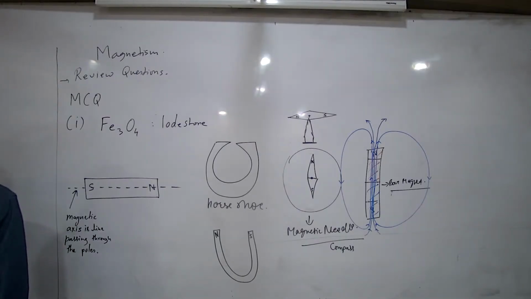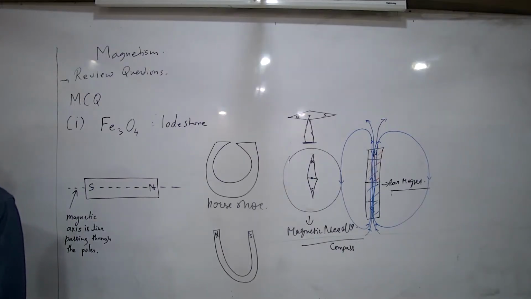It is the region around the magnet in which the magnetic compass points in the direction other than geographic north. In short, it is the region around the magnet in which any other magnetic substance experiences a magnetic force of attraction. If you keep any magnetic substance near the magnet, if there is a magnetic field, it will be attracted towards the magnet.